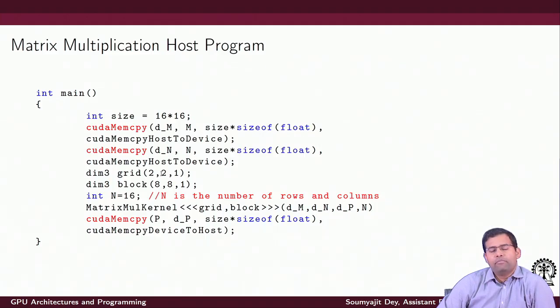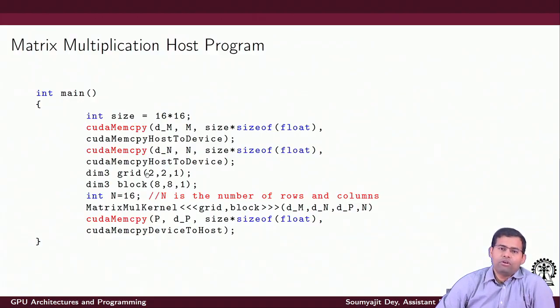In each dimension I have a value of 2, so I am having 4 thread blocks defined. Inside each thread block I have 64 threads, defined by the block dimension 8, 8, 1. So inside each thread block I have 64 threads, also arranged in a 2-dimensional pattern.